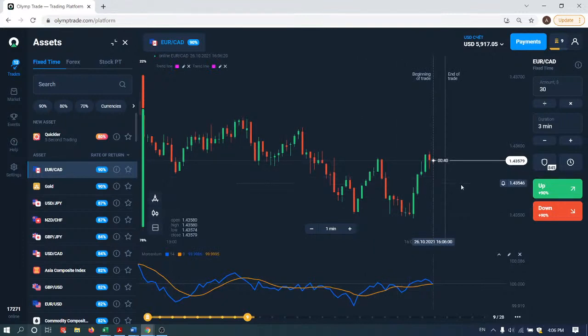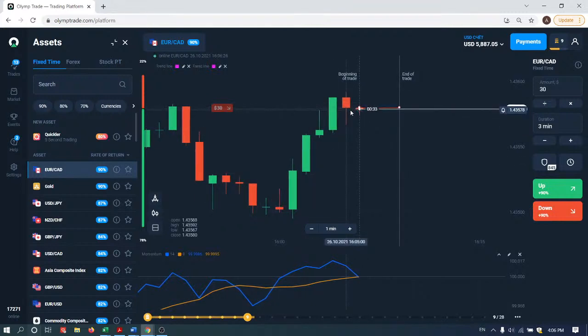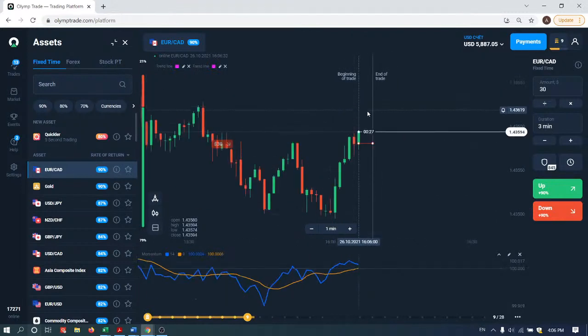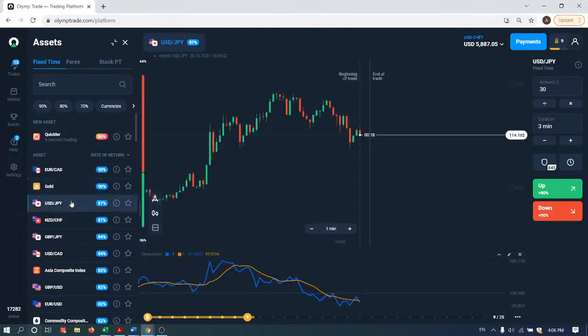Also, we have the blue line and the orange line, and when the blue line crosses the orange line, that is also the moment when you want to open a trade in the downwards direction or in the upwards, depending on which side the crossing happens.